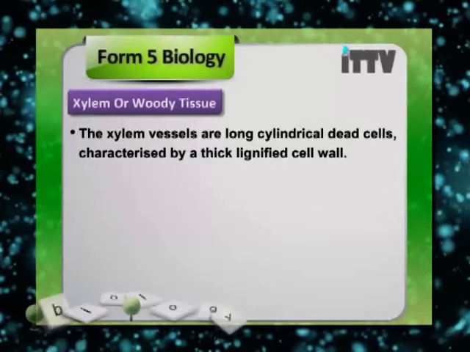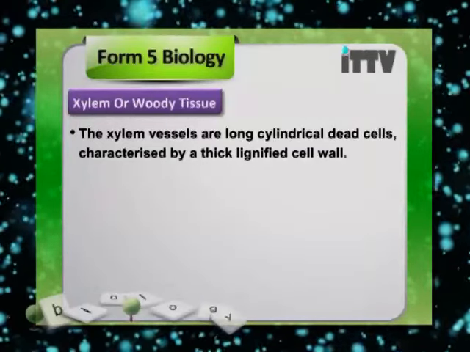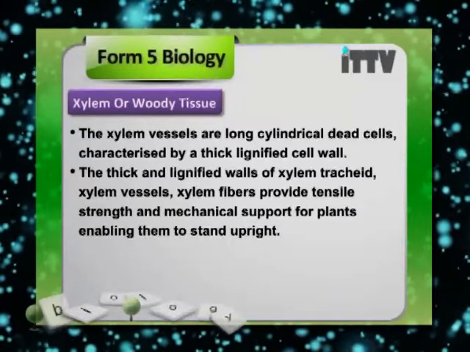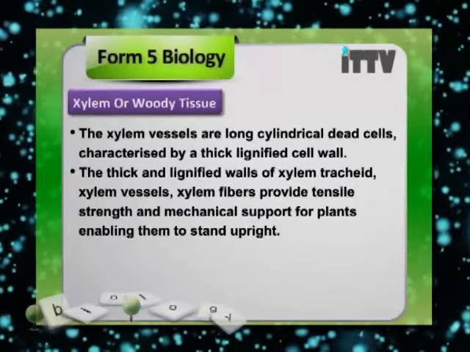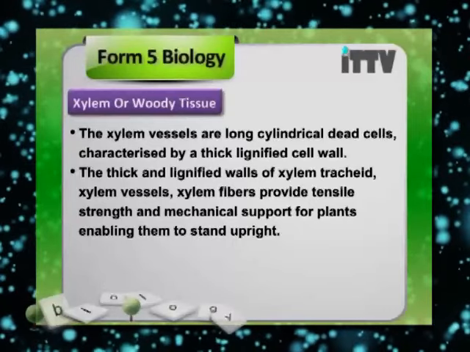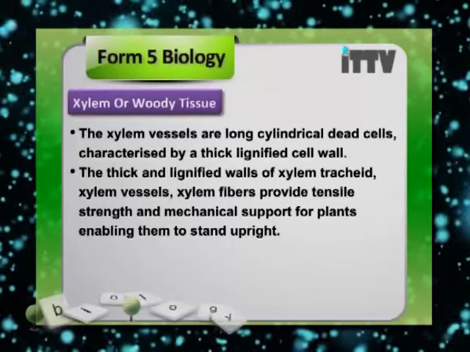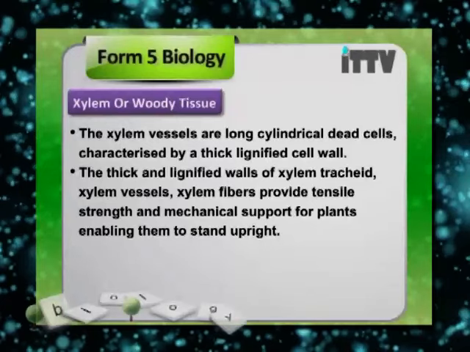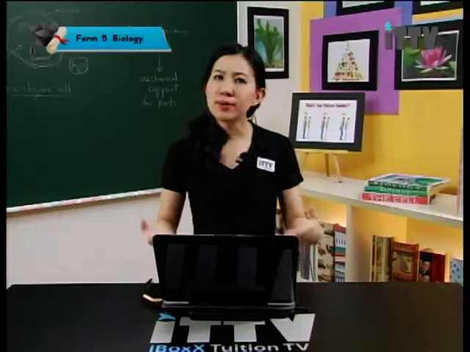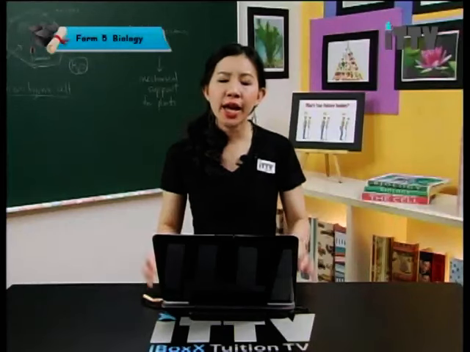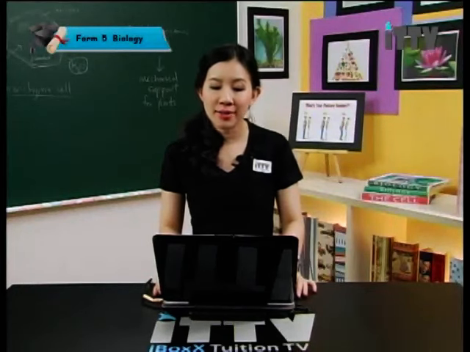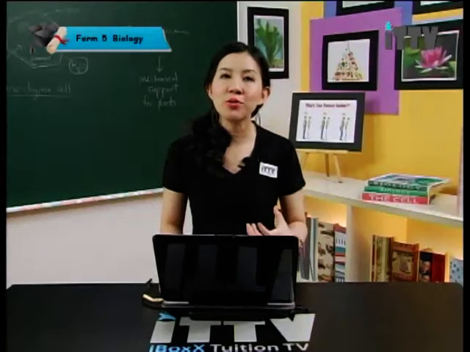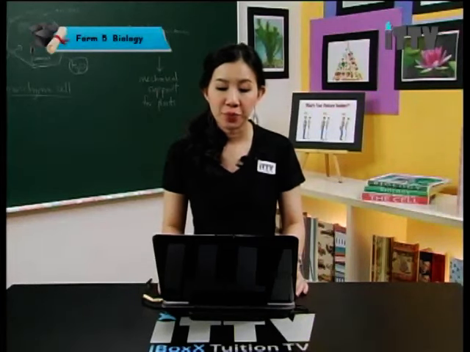Alright? So, the xylem vessels are long cylindrical dead cells characterized by a thick lignified cell wall. The thick and lignified walls of xylem tracheids, vessels, and fibers provide tensile strength and mechanical support for plants, enabling them to stand upright. So, xylem vessels are also dead cells, and they have thick lignified cell walls, and that comprises the characteristics of xylem tissue.